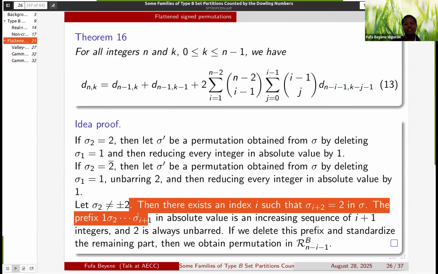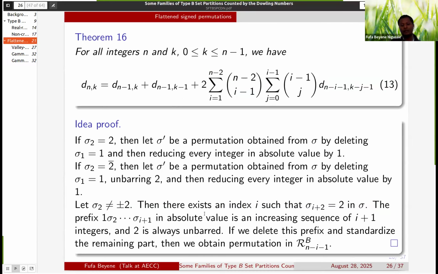So carefully analyzing this case, if sigma 2 is different from plus or minus 2, then you can find 2 somewhere else at index i. But in this case, one important observation is that 2 is always unbarred because it will start a new M run, modular run.